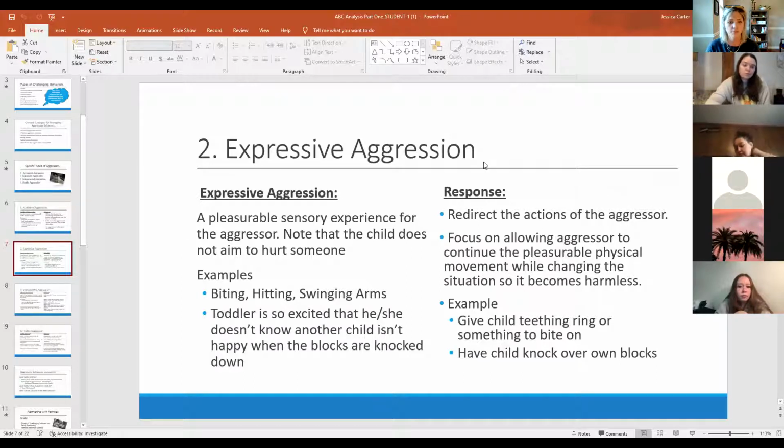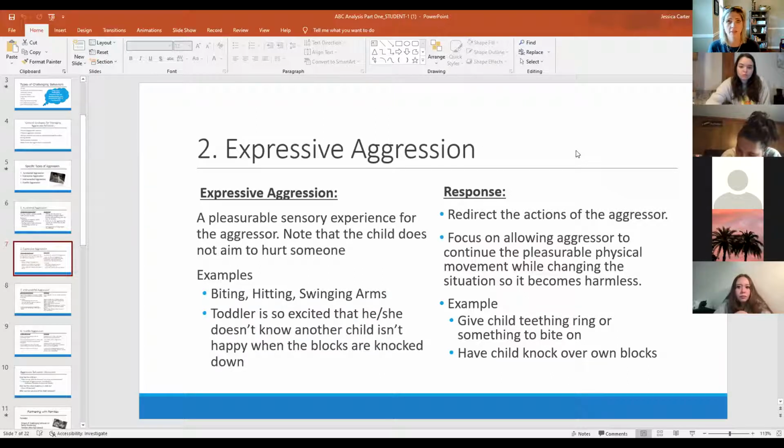We have some response suggestions: redirection and appropriate expression of emotion. So you might move the child to a space where they have more room to do what they're doing. If it's an example like biting, you might give them something like a teething ring or a chewy to get that out on.